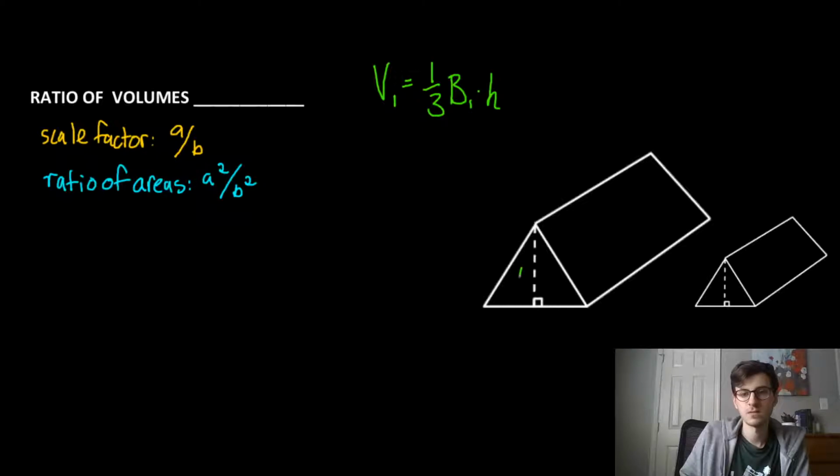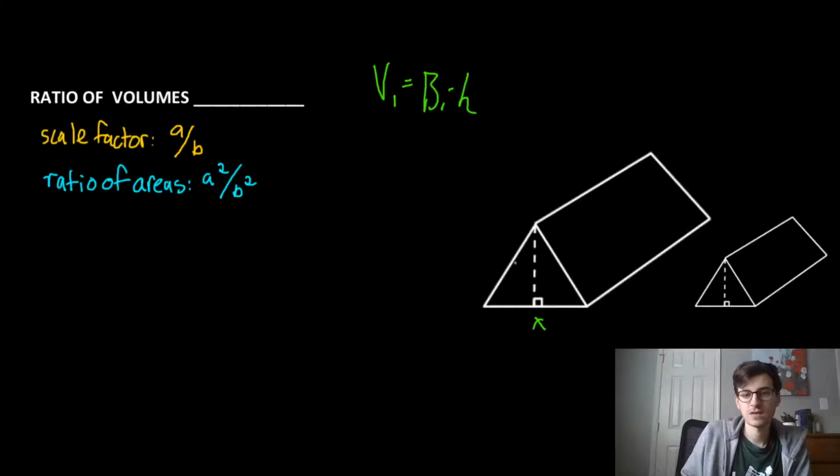Here's the height, and here is the base of that triangle. Sorry, I don't know why I like to put 1/3 for no reason. It's a prism, not a cone or a pyramid. This is base 1 times height. So much easier. Okay. So the volume of 1 is base 1 times height.